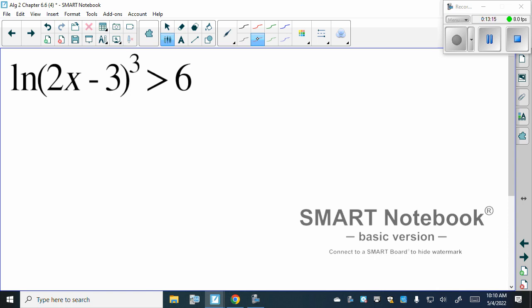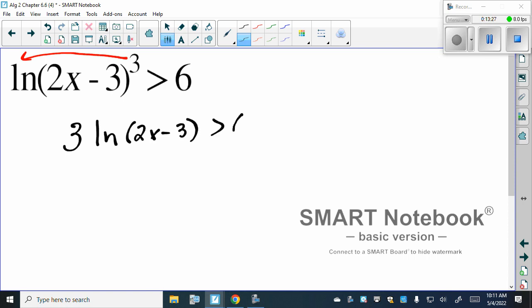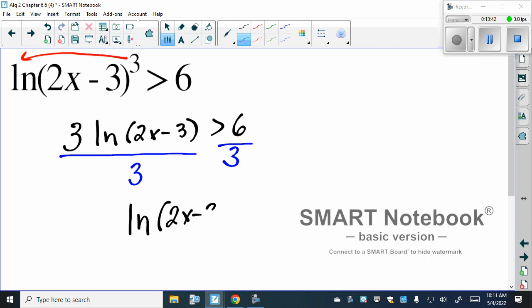But we know that whenever something inside the log has an exponent, we can move it to the front. So that's telling me that I have 3 times the natural log of 2x minus 3. So what can we do now? We can divide by 3. Minus the natural log of 2x minus 3 is greater than 2.